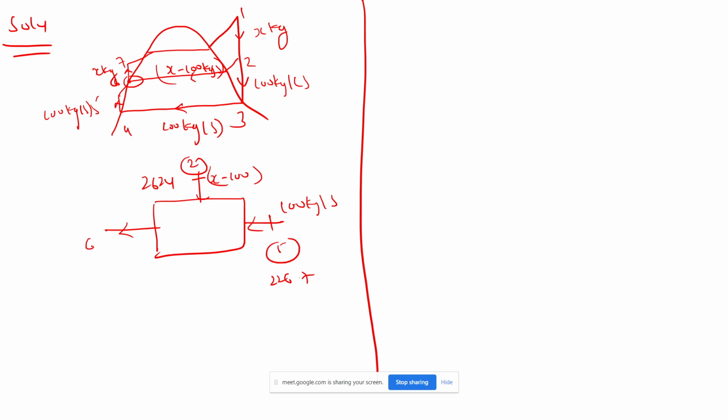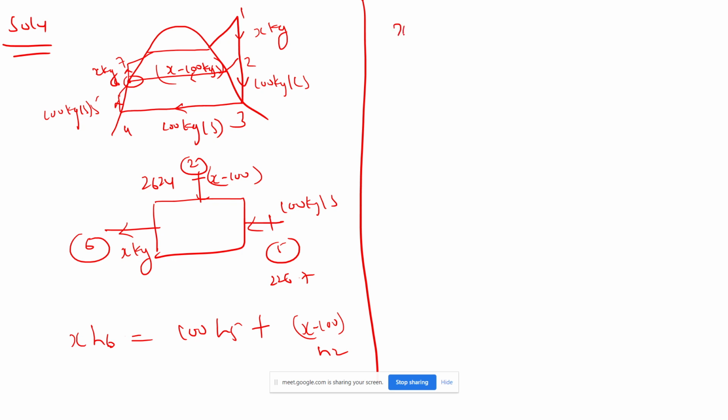At point 6 we will get x kg back. We just apply energy balance here: x into h6 is equal to 100 into h5 plus (x minus 100) into h2.